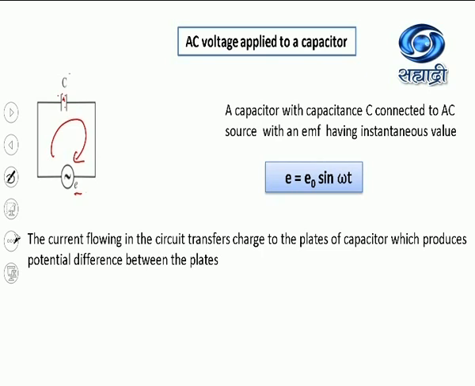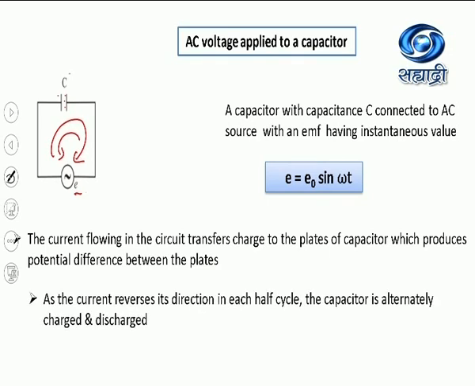So this time the capacitor is charging, and when the current flows in the opposite direction, then the capacitor gets discharged. So as the current reverses its direction, in each half cycle, the capacitor is alternately charged and discharged.